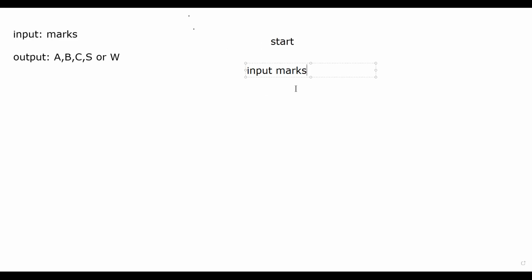So once you get the marks, you can check. We know that when the marks is greater than or equal to 75, it's A. Yes, so we can start with that. So let me first draw this. This is the start, and this is the input, input marks.